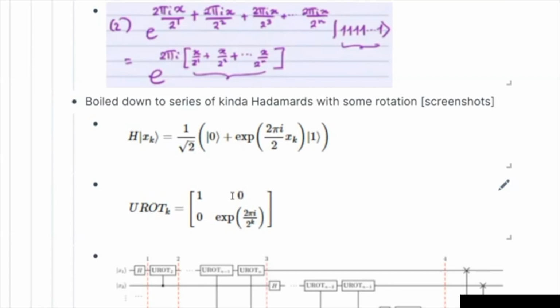The next column is what the output would be when the input is 1. It is again 0 into 0 is 0, and this exponent into 1 is basically adding this much exponent to the state 1. So think of it as rotating by the amount 2 pi I over 2 power k. That's defined by this parameter k.